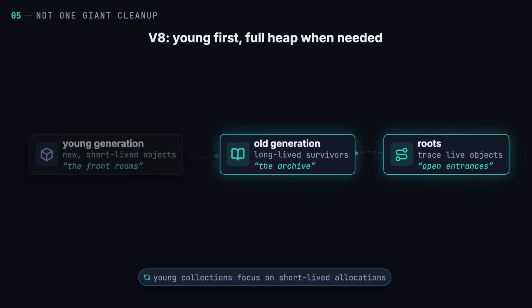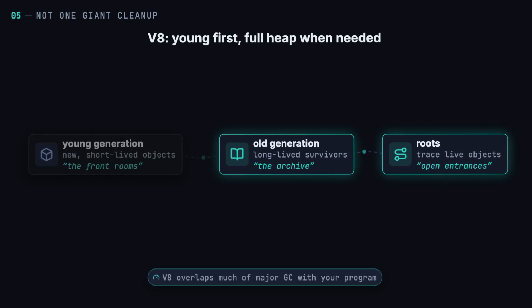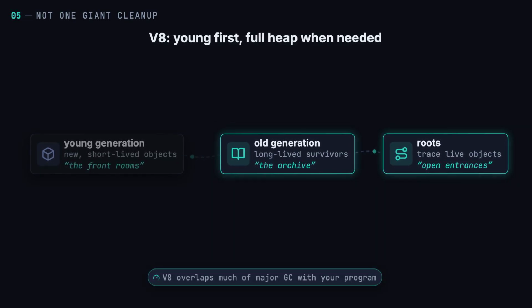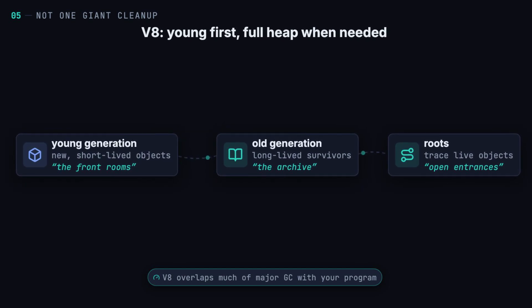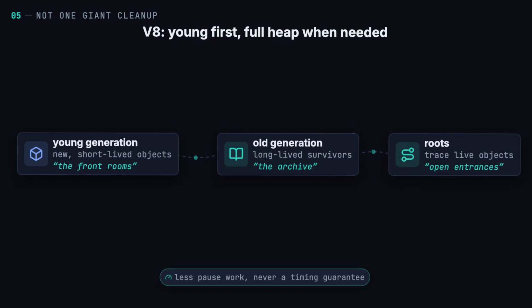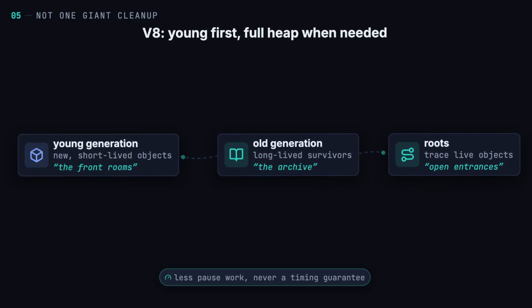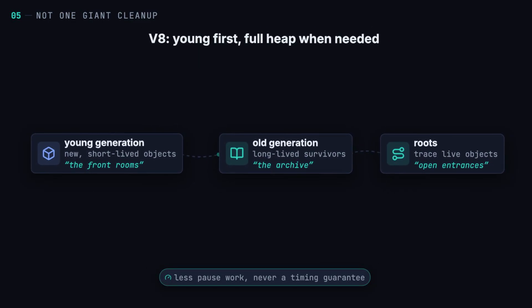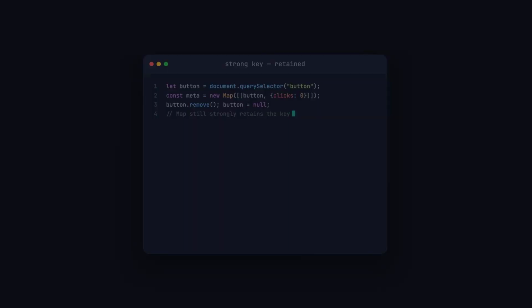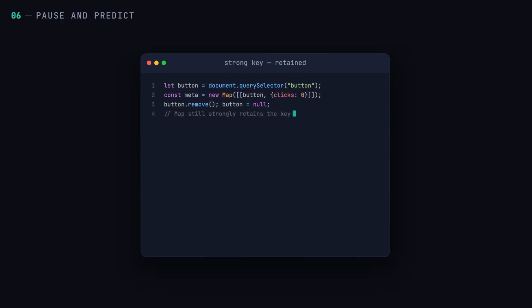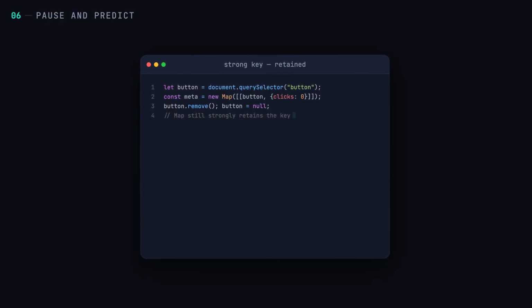A major collection traces the bigger heap from roots, often doing marking work incrementally or concurrently before a brief final step. That reduces pauses. It does not promise zero pauses or a fixed schedule. The reachability rule stays the same at every layer, whether V8 is handling a young collection or a larger major collection.